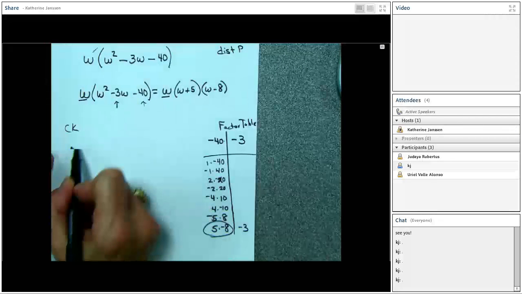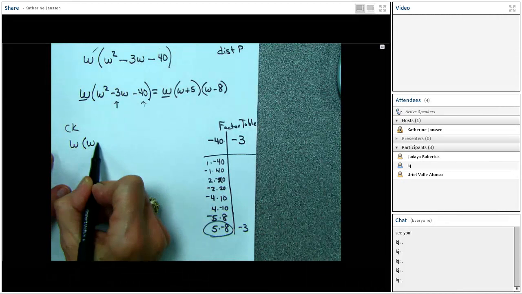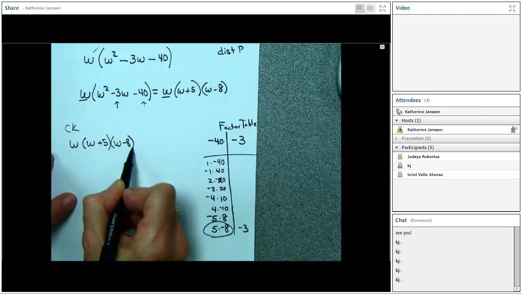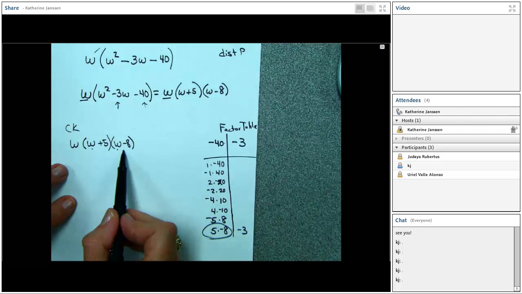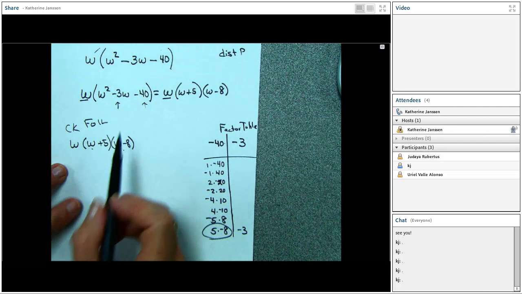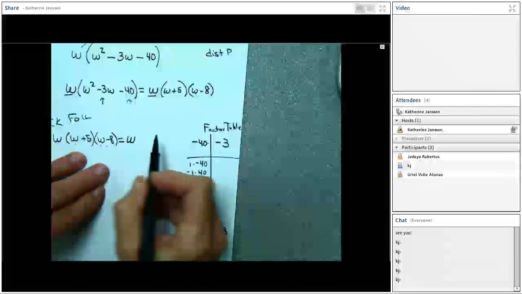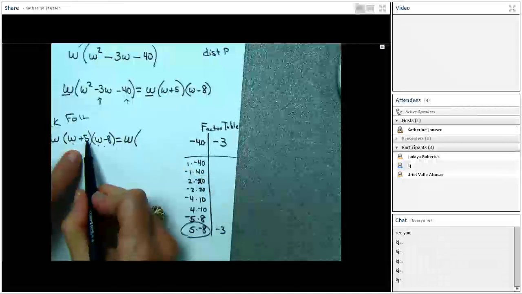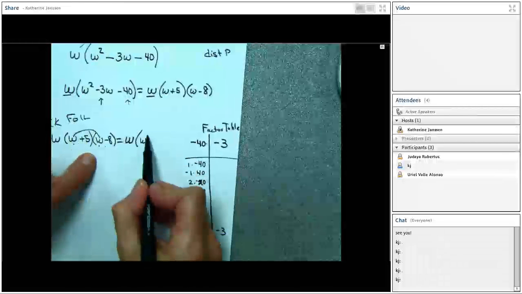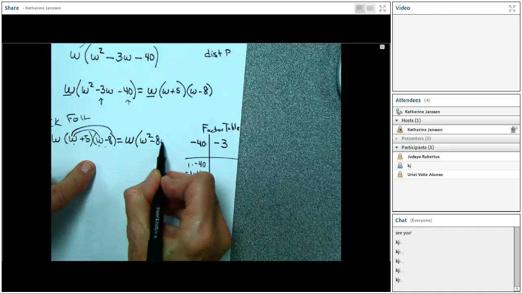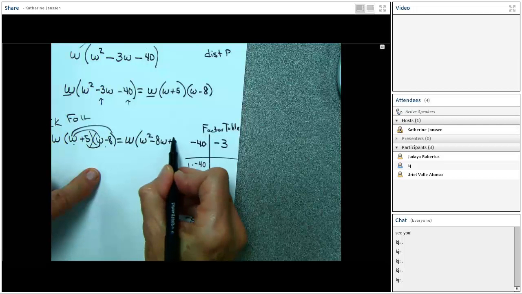So let's check. First two terms are the same, last two terms are different, so we'll use FOIL to expand the binomial times the binomial. So I have my greatest common factor times W squared. The outer terms will be a negative 8W. The inner terms are plus 5W.